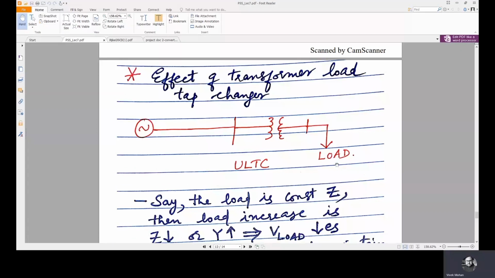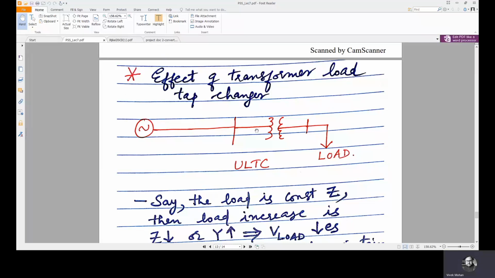Then load increase means, as we have already discussed, a reduction in load impedance, which will draw more current from the supply. Reduction in load impedance means increase in load admittance, right? This will reduce the load voltage because increased current means increased drop, which will reduce the receiving end voltage.